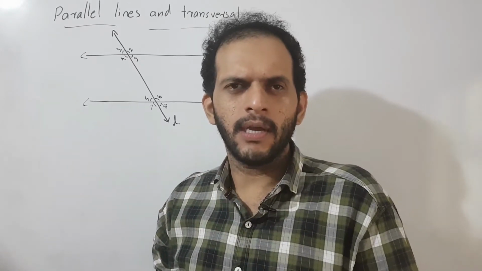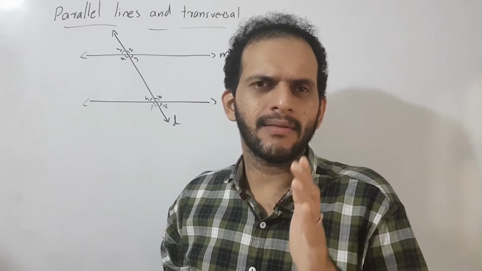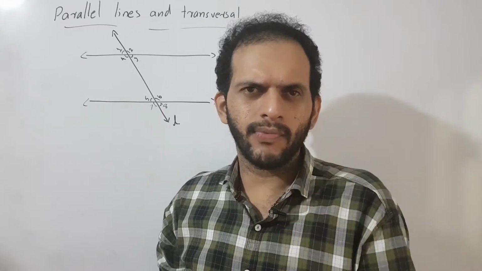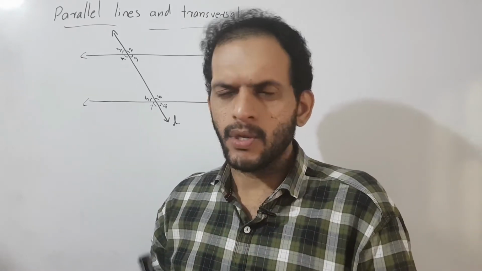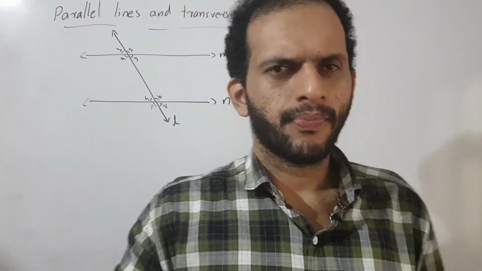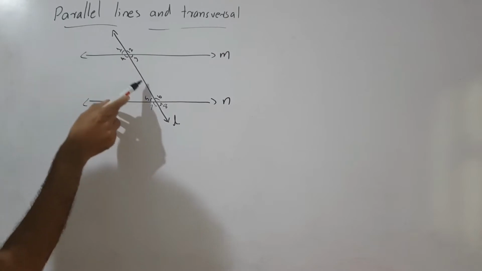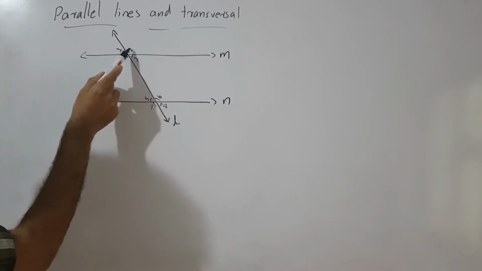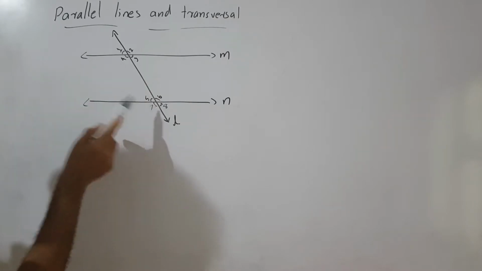Okay, then don't forget, when we call the angles corresponding, what is the position of these angles. So the first one, the angles lie like this: angle 1 and angle 5, angle 2 and angle 6, angle 4 and angle 7.